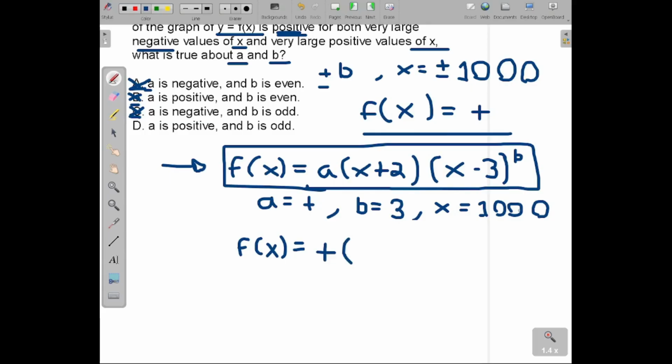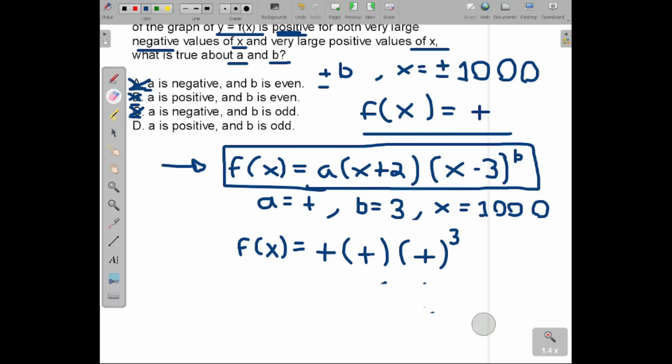X is 1000 plus 2 is 1002, which is positive, times 1000 minus 3 is 997, which is positive, to B, which is 3. So we know positive times positive is positive. Positive to the cube is positive. So this answer is correct. It is positive.